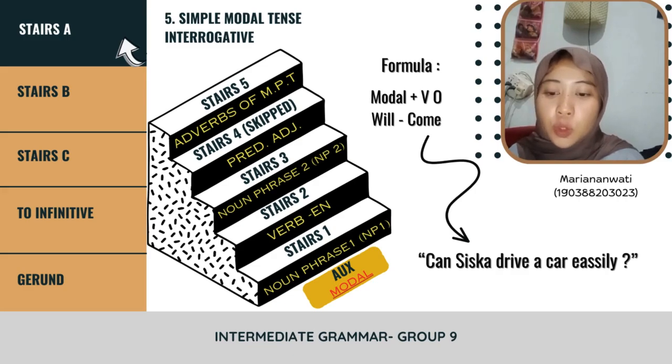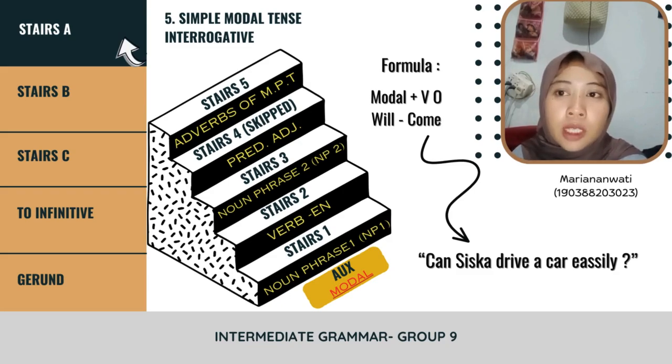The first stairs you can write the modal. Stairs 1 is noun plus 1. Stairs 2 the verb. Stairs 3 is the noun plus 2. Stair 4 is predicate adjunct, and stairs 5 is adverbs of manner, place, and times.